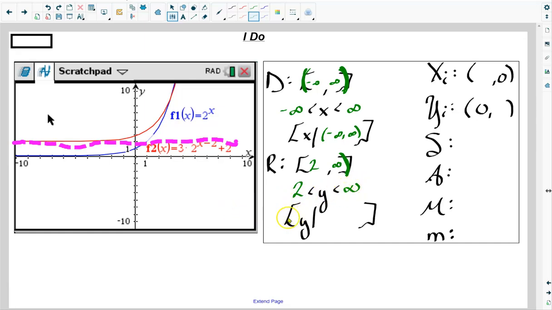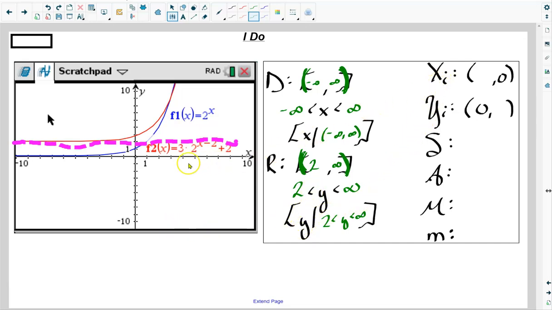All right. Well, here we got set builder notation. My set of y's such that my y's are bigger than 2 but less than infinity. And up here, since I'm not including 2, y cannot be 2 because that's the asymptote. All right, little details.